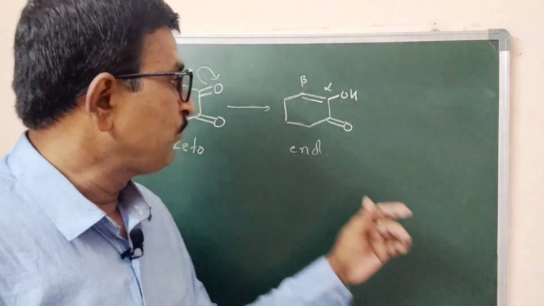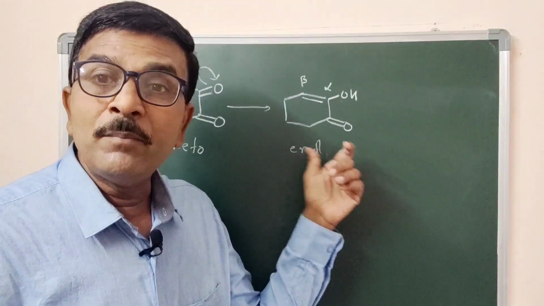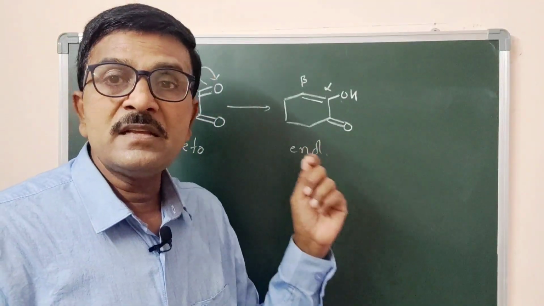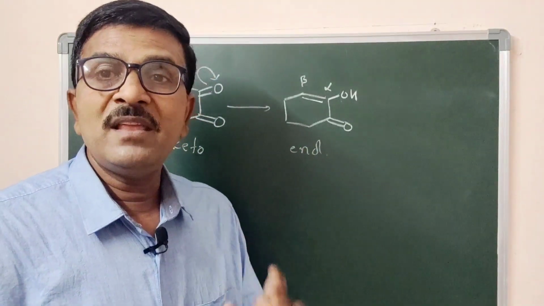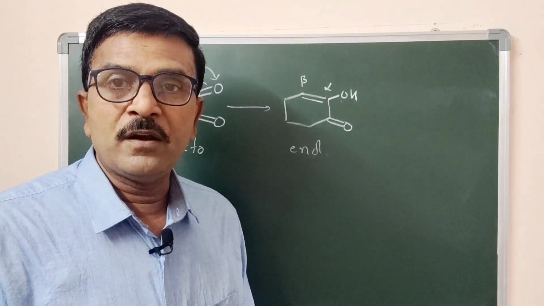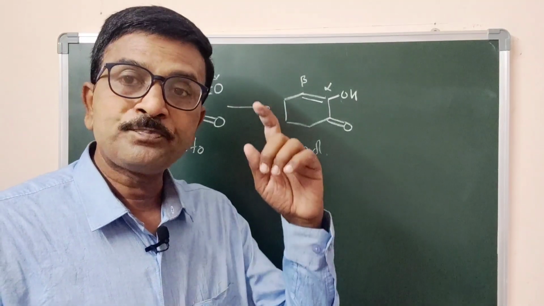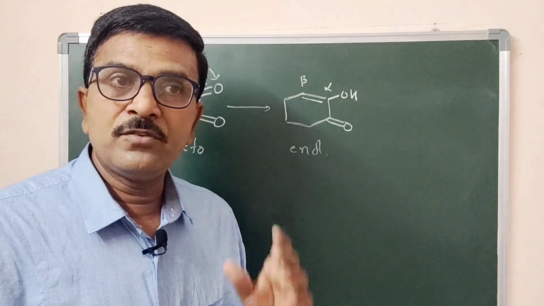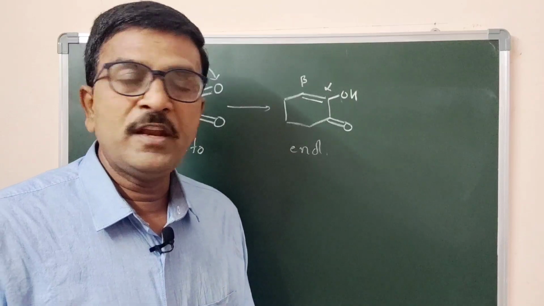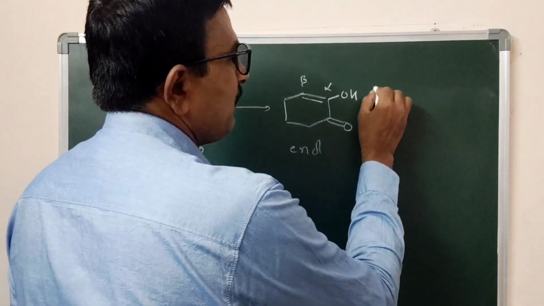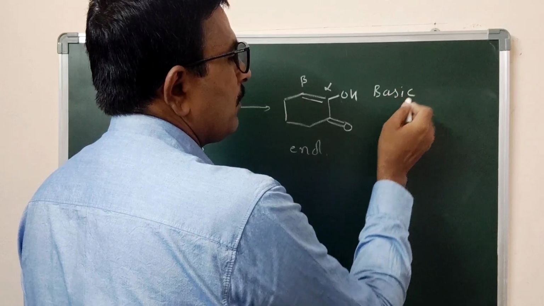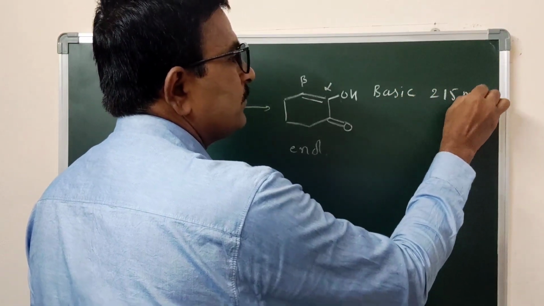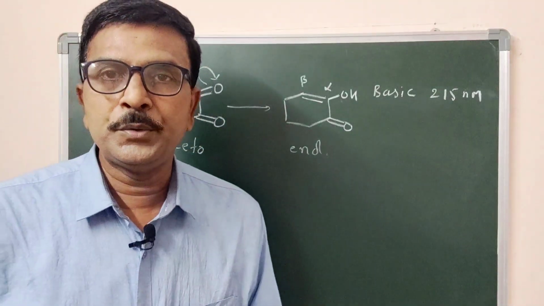Let us apply. Now this is a cyclic 6-membered ketone in enolic form. Hence the basic value is, do you remember, the basic value of cyclic 6-membered ketone is 215 nanometer, because it is a cyclic 6-membered ketone.